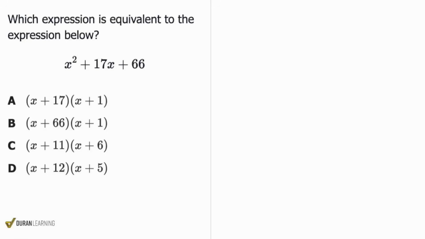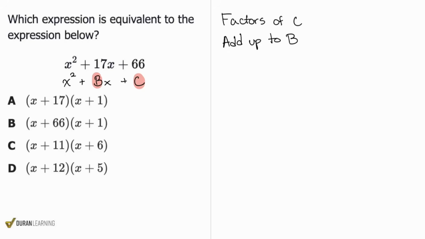The rule is going to be that we have to look at this as x squared plus bx plus c. So particularly, we're referencing the b and the c in this little approach that we're going to take. The approach is we are going to find the factors of c that add up to b. That is your main rule, everybody.